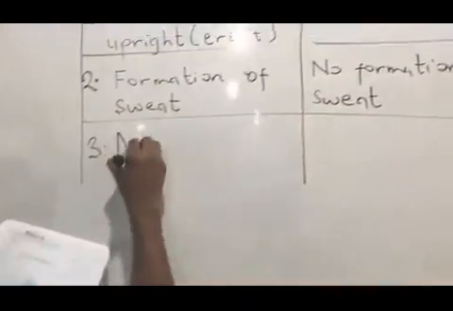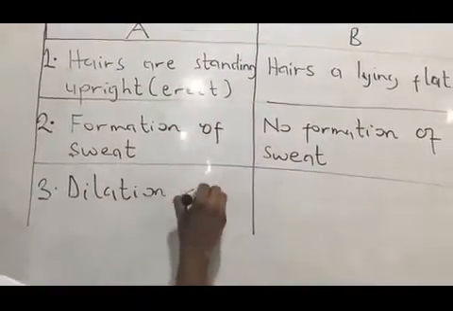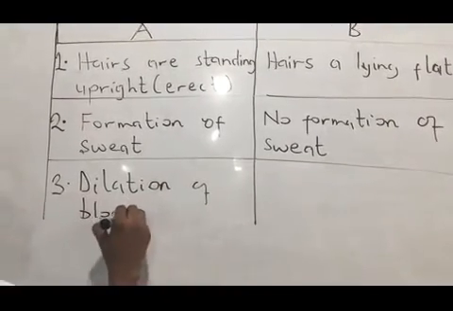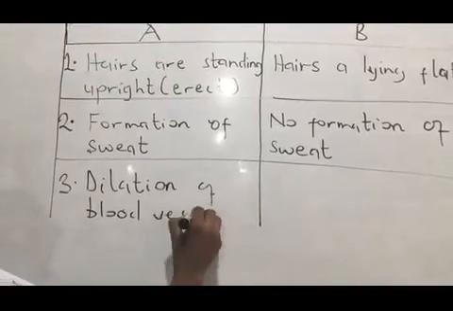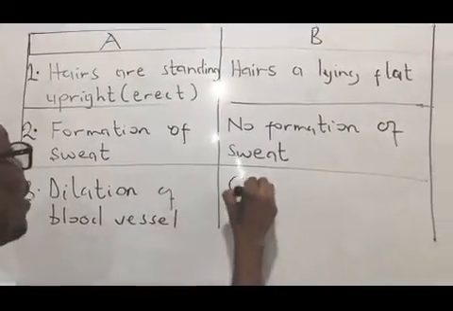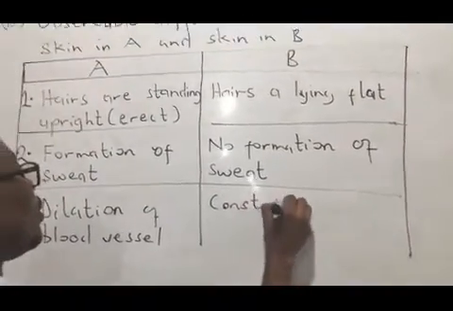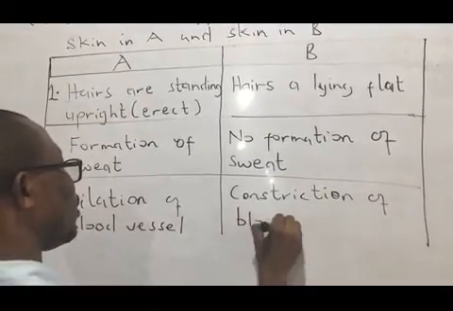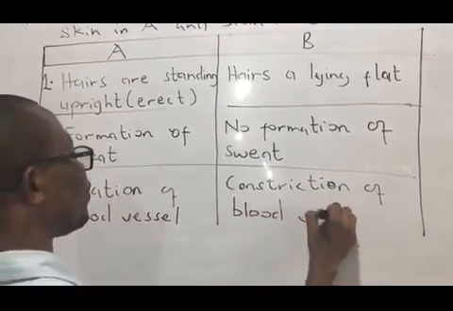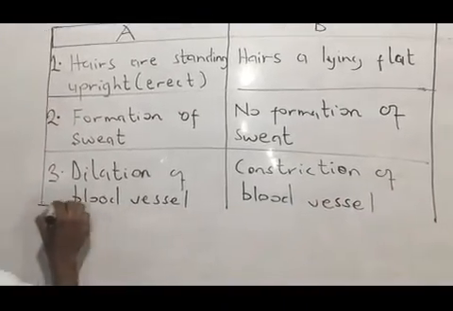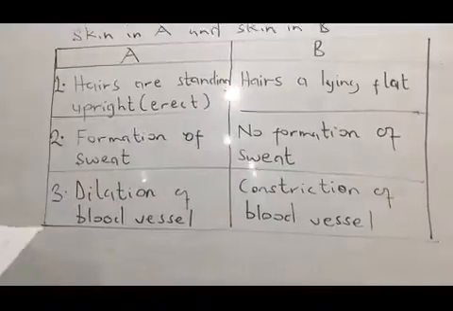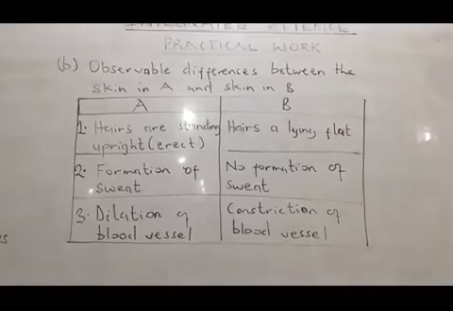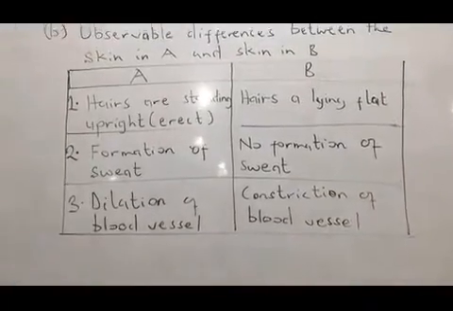So, dilation of blood vessel, and then we have constriction of blood vessel. And so these are the three differences you can come out with from the diagram. You are supposed to give two.